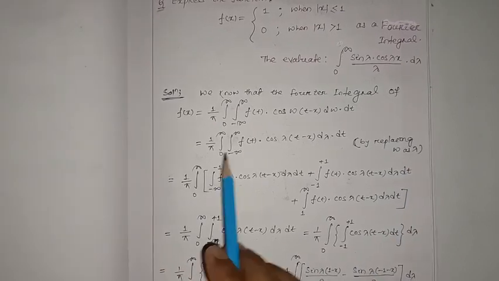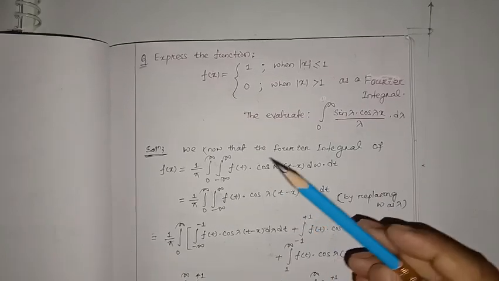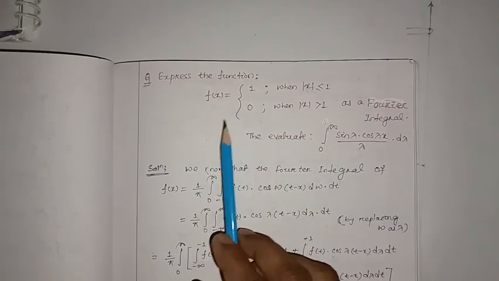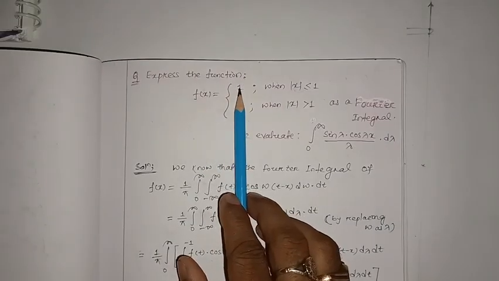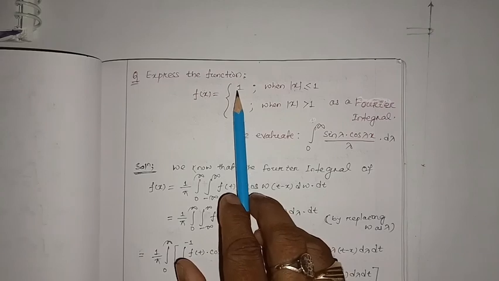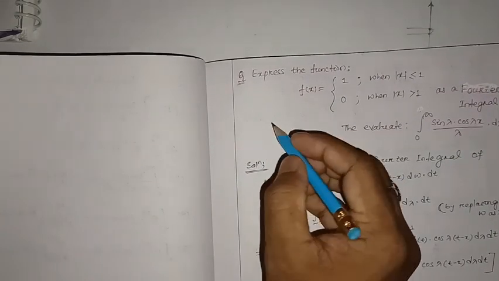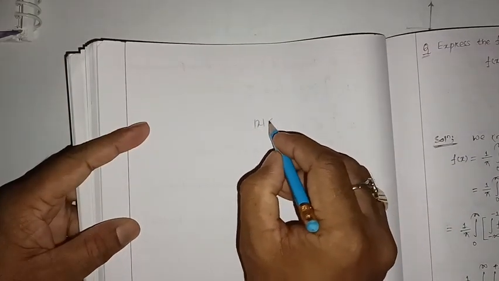Now for this f of t, we have to use the function given: f of x equals 1, and instead of f of t we have to use these values. These values are 1 when mod x is less than or equal to 1.